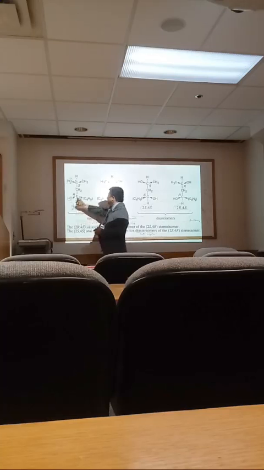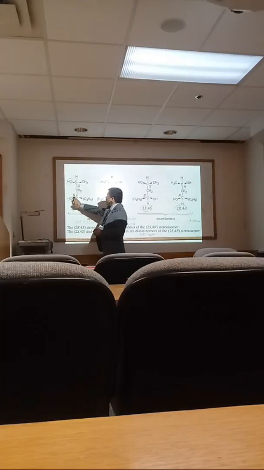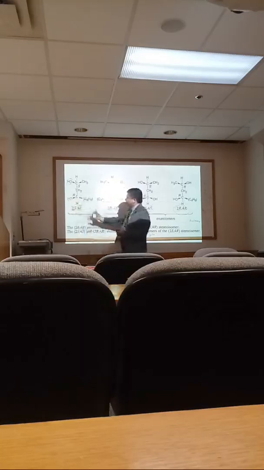But on the fourth carbon, we have the hydroxyl group again on the left, but it is marked as right, which I feel is not okay. It should be here. I will go and figure out about this.